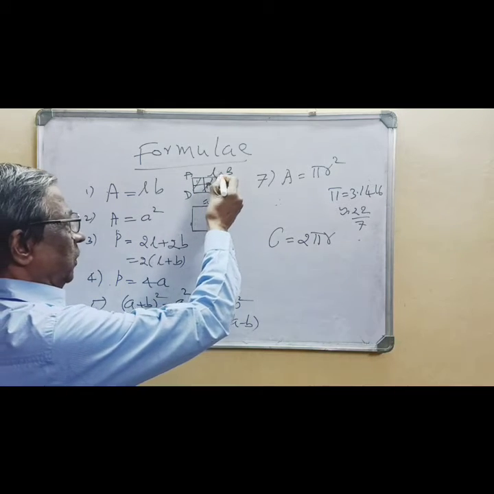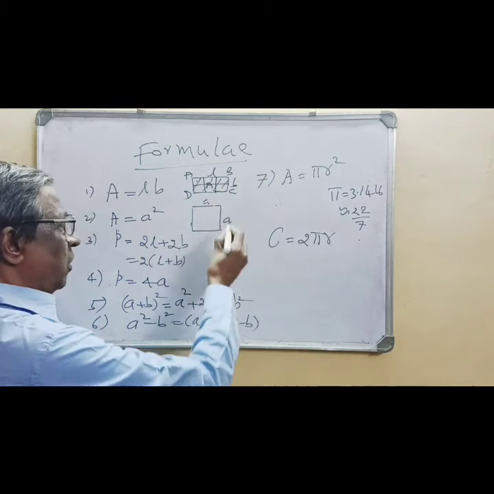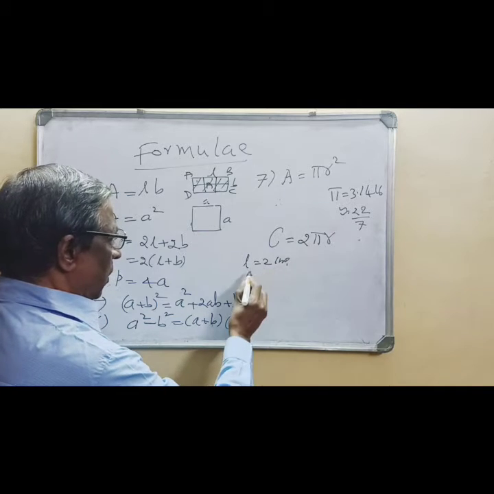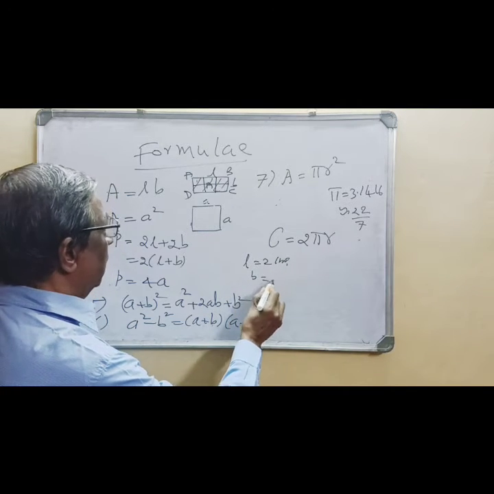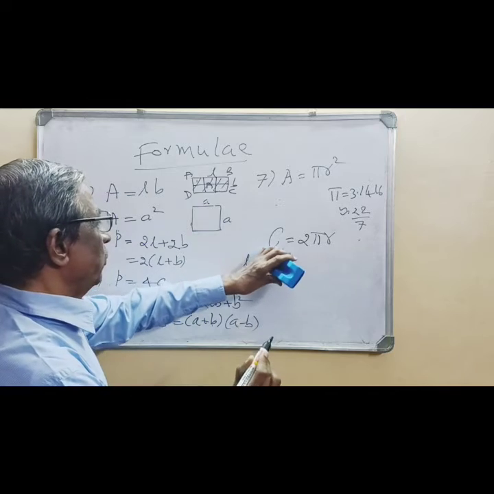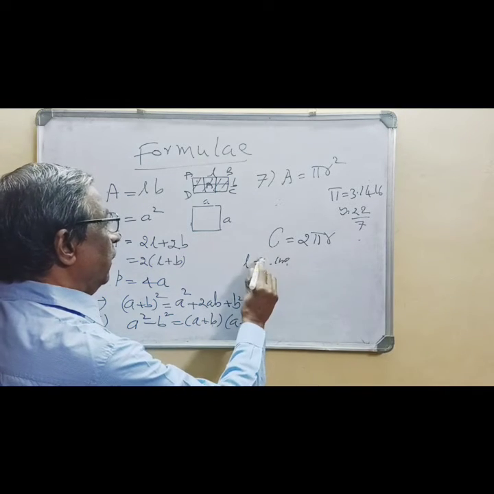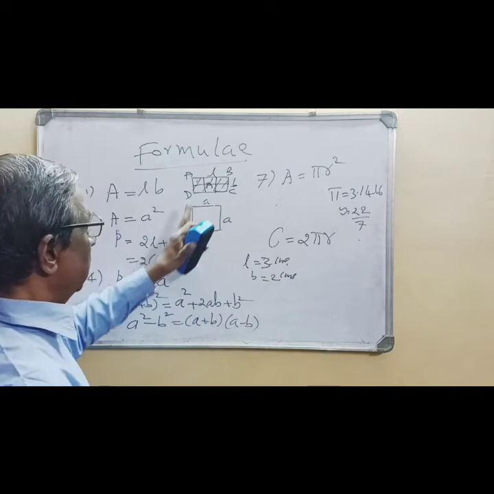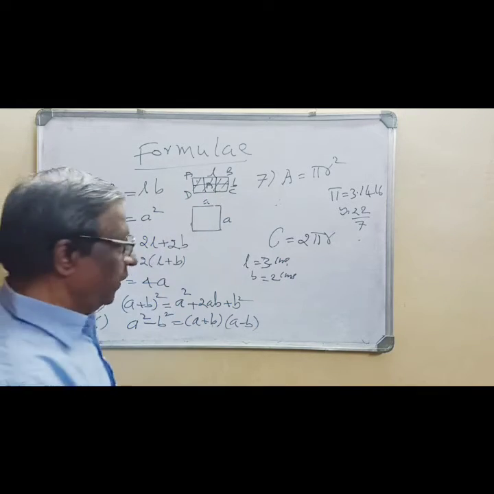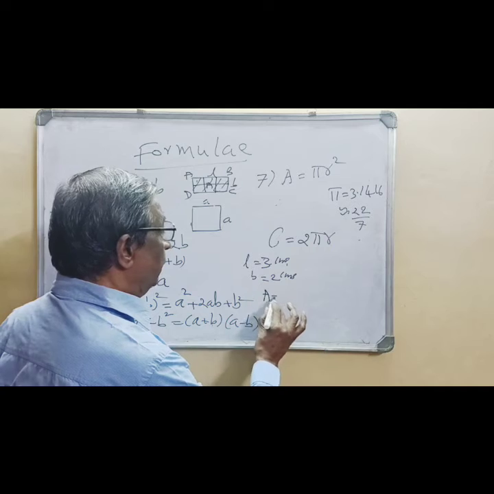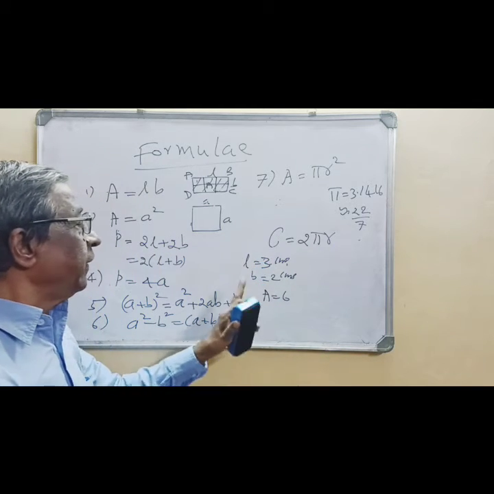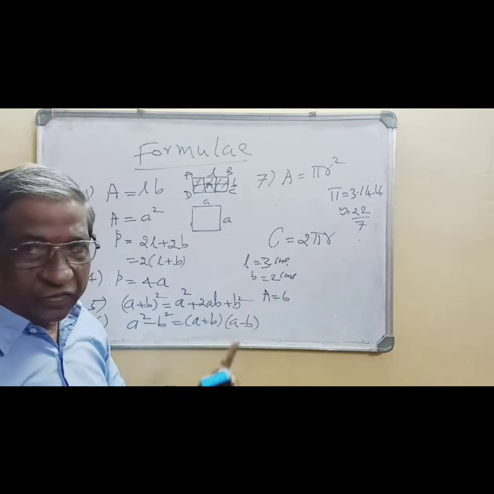Here length is 3 centimeters, and if the breadth is 2 centimeters, this is B, 3, this is 2. So there are 6 squares. Area is 6. So what is the relation between length, breadth and area? 3 into 2 is equal to 6.